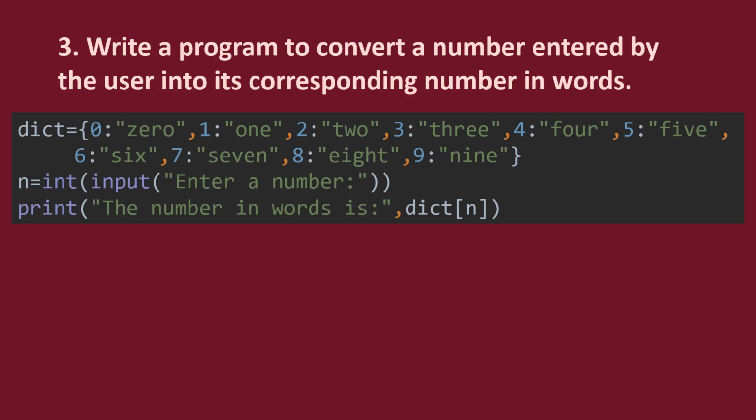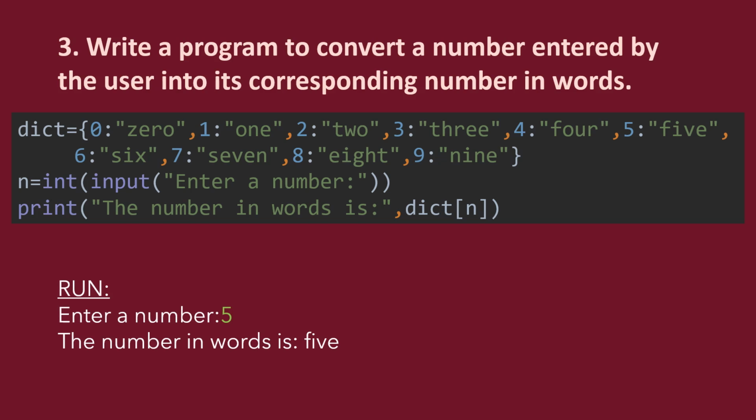Now the user has to enter a number which will be stored in a variable n. Now it will print the number in words, where within the dictionary variable you have to pass n within square brackets. So it will access the value which is present at that particular key. So once you run the program, let's say the number entered by the user is 5, then it will print the number in words as five.